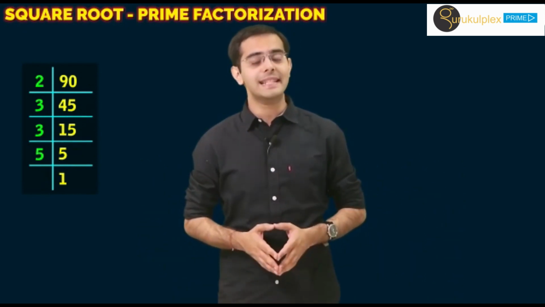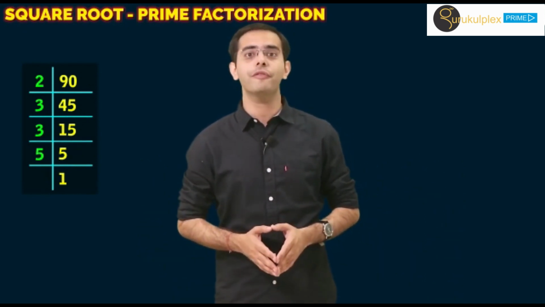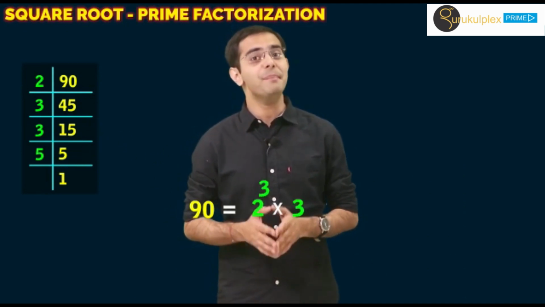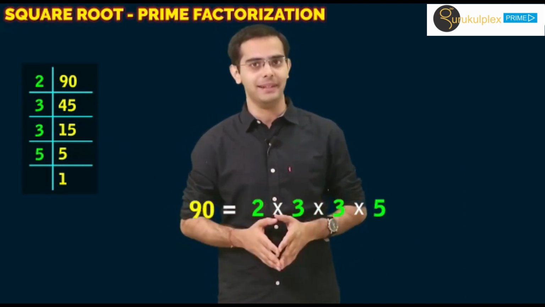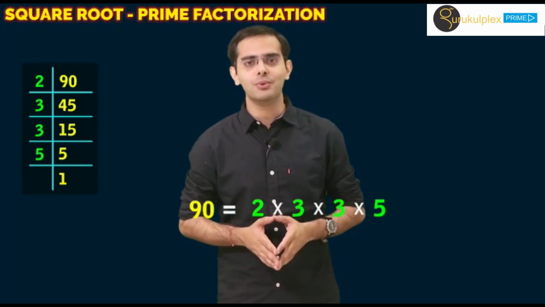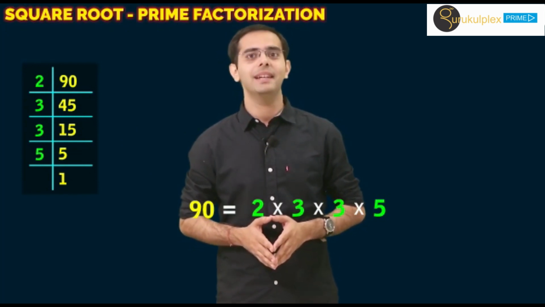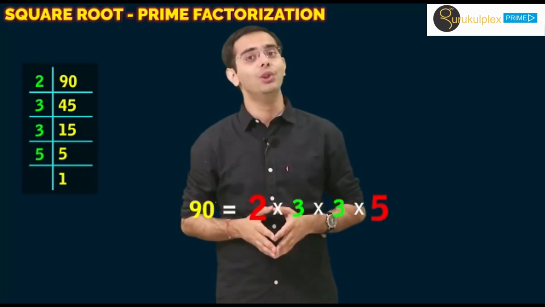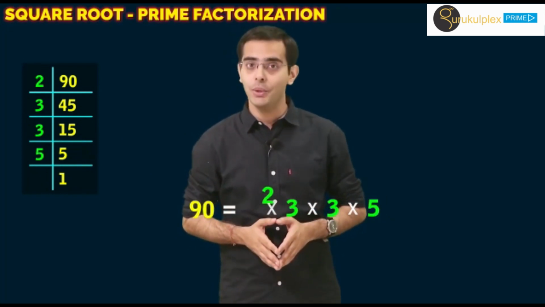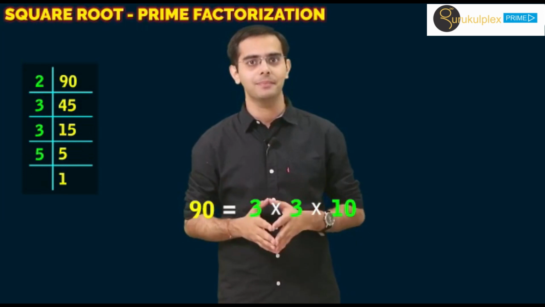Okay, what if instead of completing the pairs of 2 and 5, we remove the numbers that are not in pairs? Can we get a perfect square this way? Yes, exactly. Here 2 and 5 are not in pairs, and 2 into 5 is equal to 10.